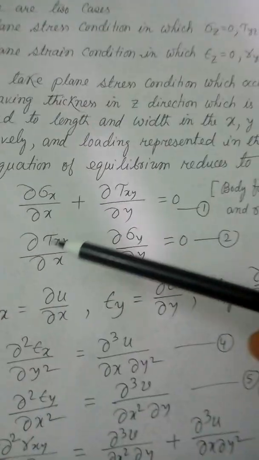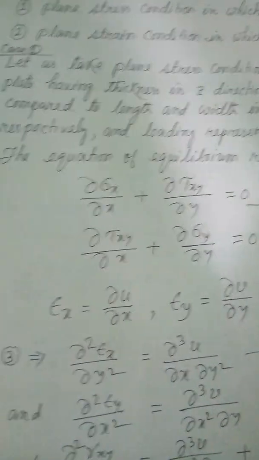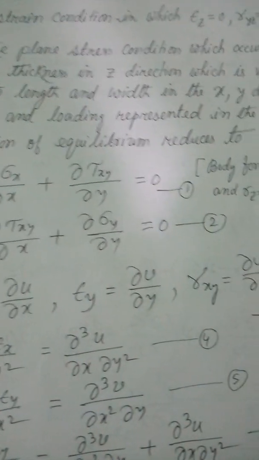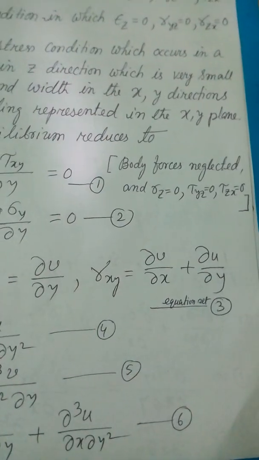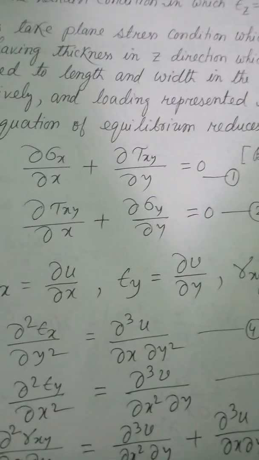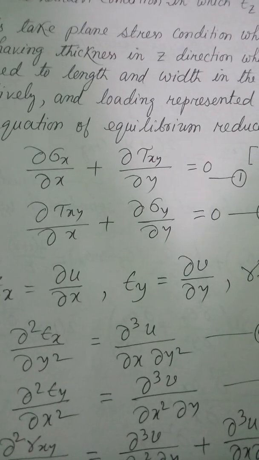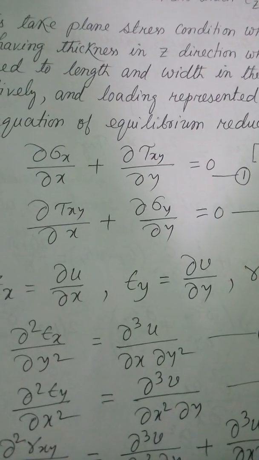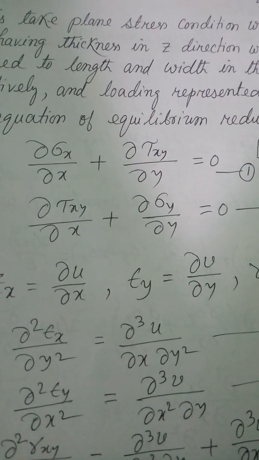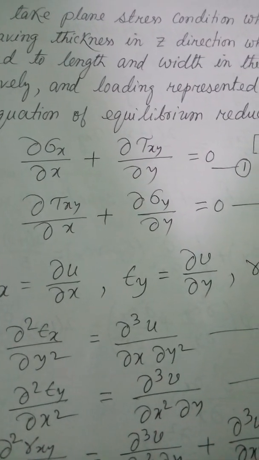Now we come to this equation. From where has this equation come? In the last video you have seen the stresses in equilibrium and the differential equation, which I have proved.